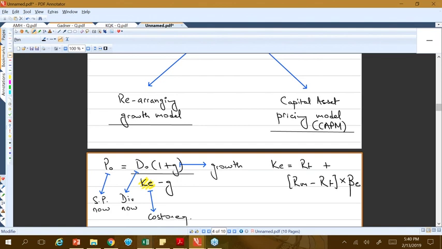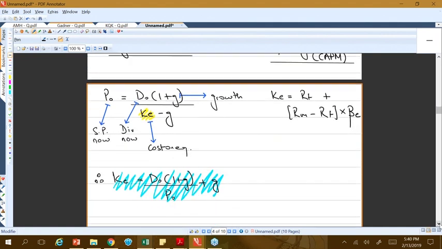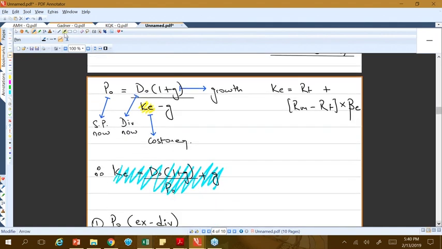So this is the CAPM equation which is given to you in your formula sheet as well. A really small calculation. So RF is the risk-free rate or the Goodman's rate. RM is the average return in the market. And beta equity is here.